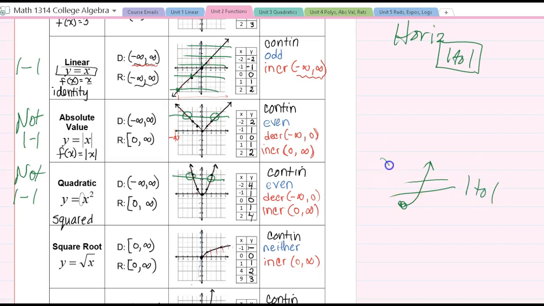But again, remember we had to restrict our domain. So our domain could not be from negative infinity to positive infinity in order for it to be one-to-one. We could do the same thing with the absolute value if we had to.